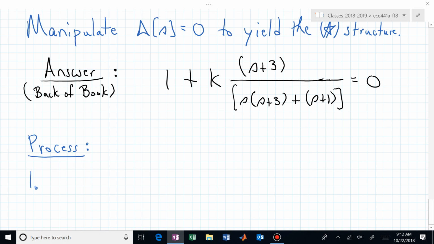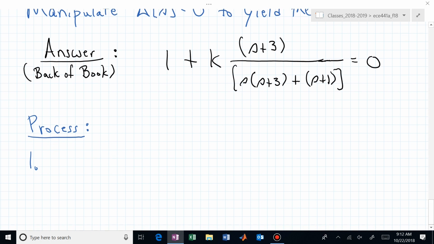The first thing that we want to do in our delta expression is to isolate the terms in that expression that involve the adjustable parameter k.